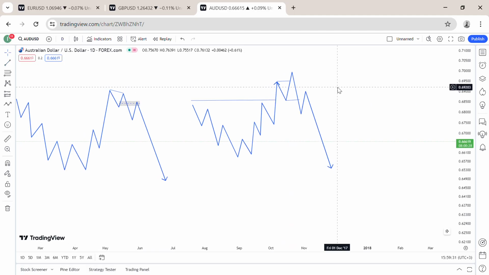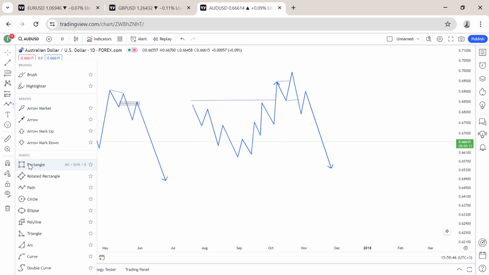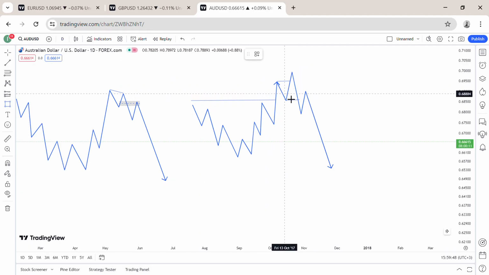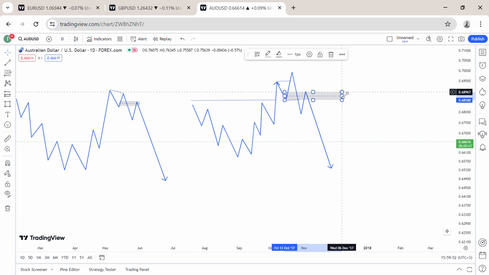Because it caused a break of structure and traded below the low that caused this swing to break above this level, I consider this a breaker block. The last candle here is a breaker block for me.